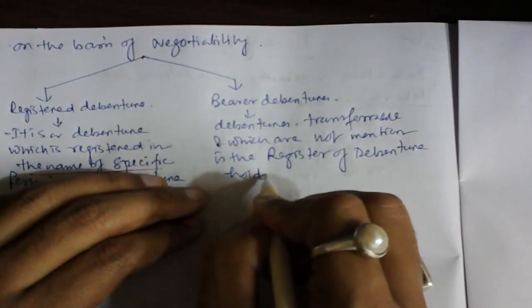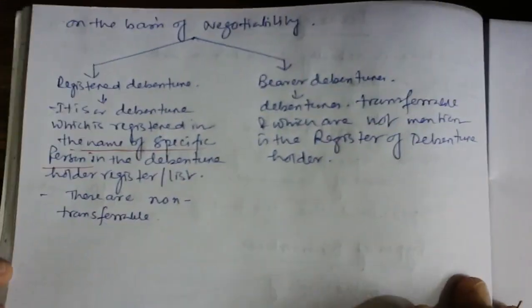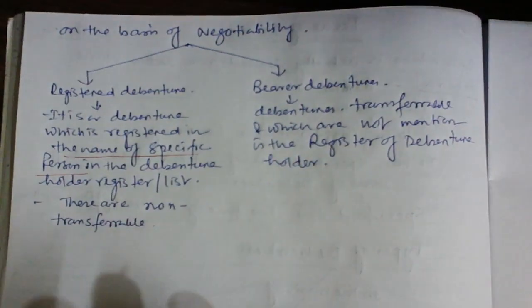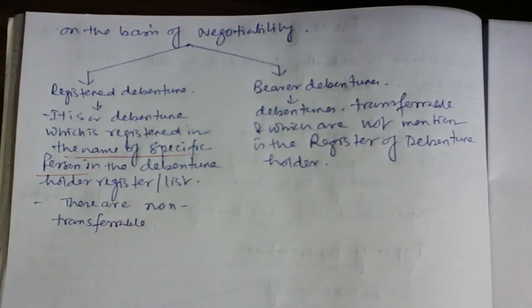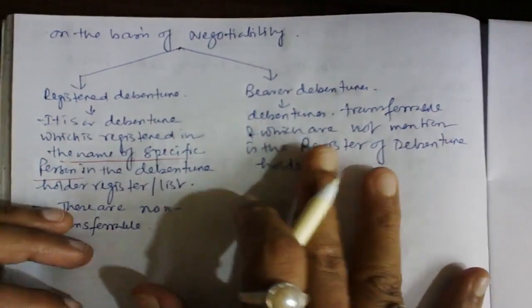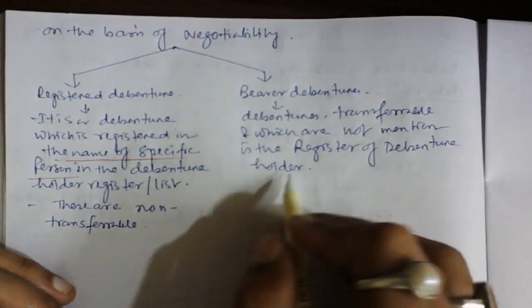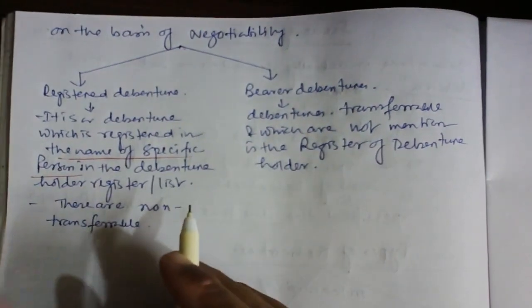They are like bearer instruments, people are purchasing and selling them. No such relationship exists with the company. They are only purchasing and selling, and their name is not mentioned in the register of debenture holders. Like that, they are bearer debentures.